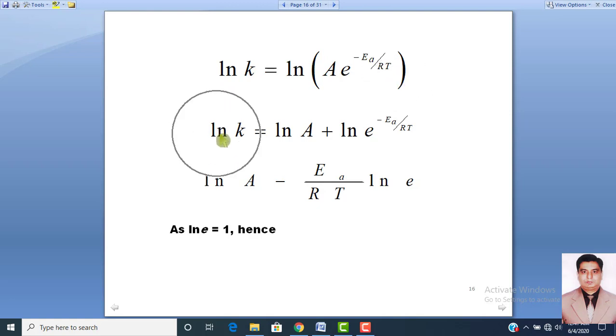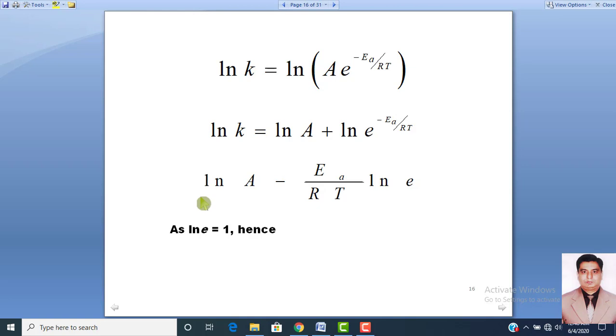So ln K is equal to ln A plus ln of e raised to the power minus Ea over RT. The ln and the exponential base cancel out, and their resultant is equal to 1 according to the rules of mathematics.